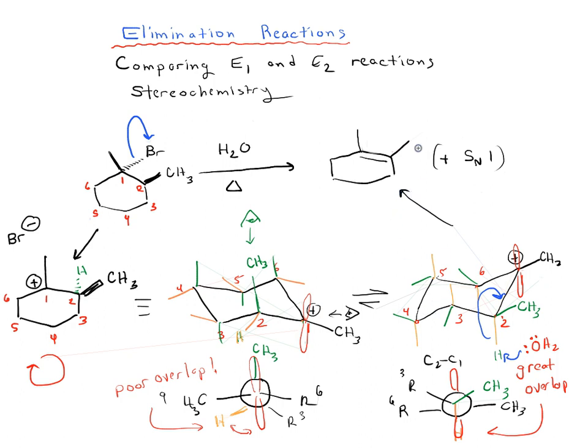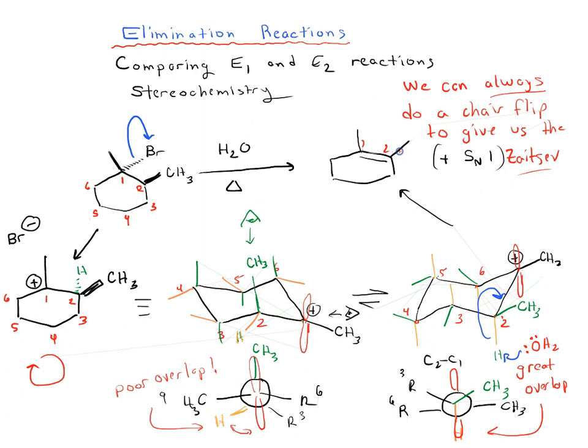So the bottom line here is that we can always do a chair flip to give us the Zaitsev. We said this is the Zaitsev, because we're going to form the most substituted alkene. We want to form the double bond between carbon 1 and carbon 2. We can always do a chair flip to give us the Zaitsev when a carbocation is present.